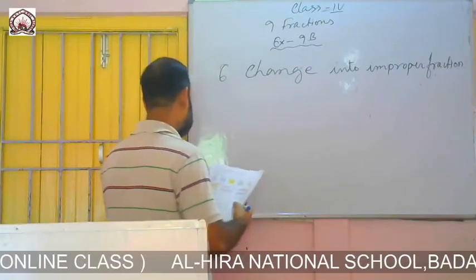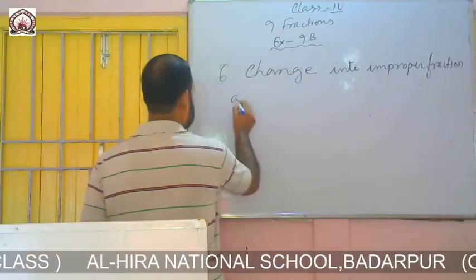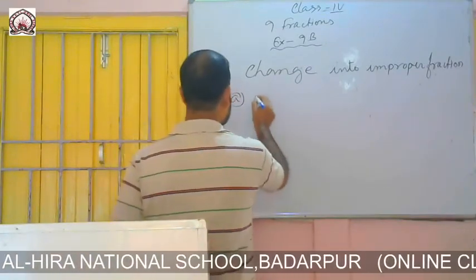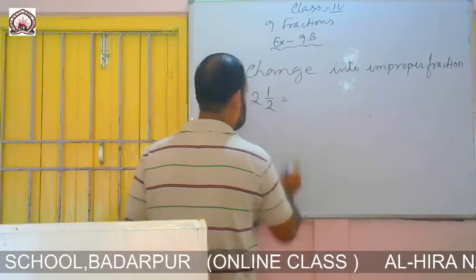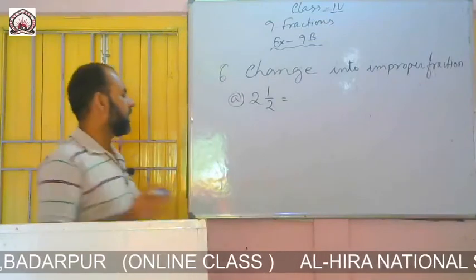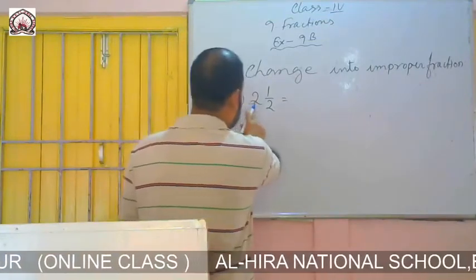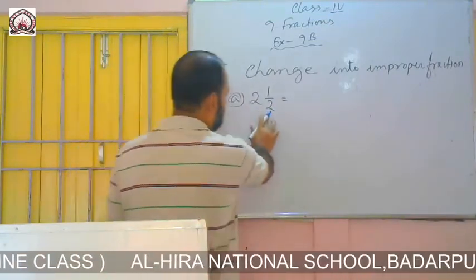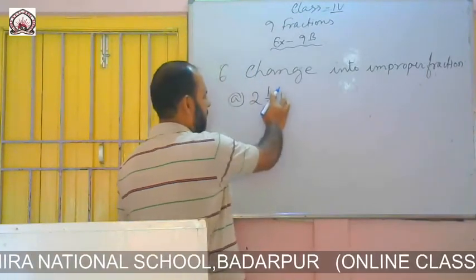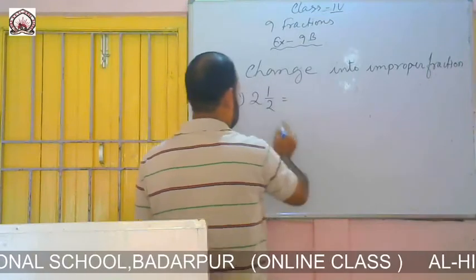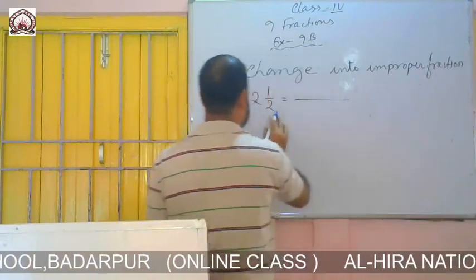So first, question number A, 2 1 by 2. The rule is whole number into denominator plus numerator, over the denominator.